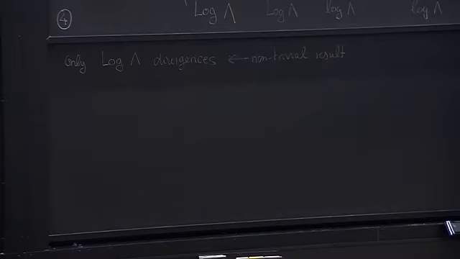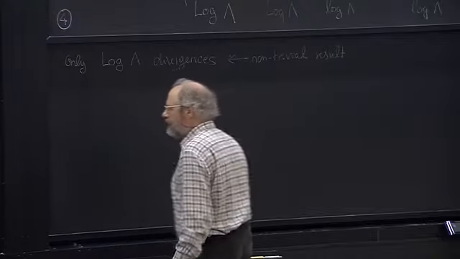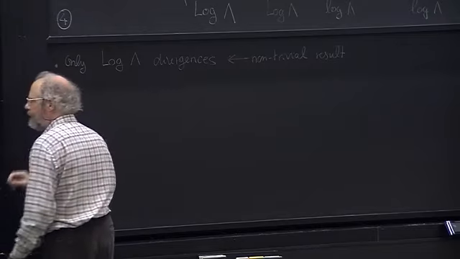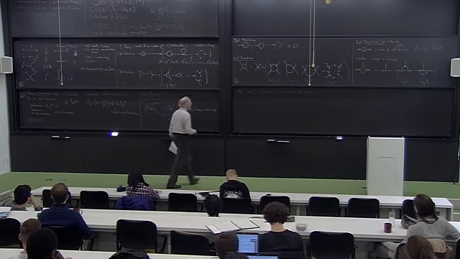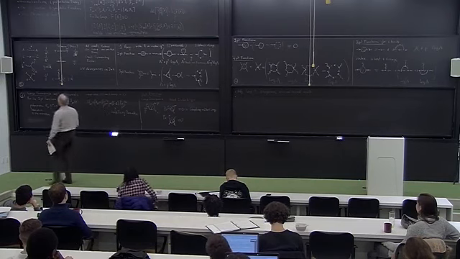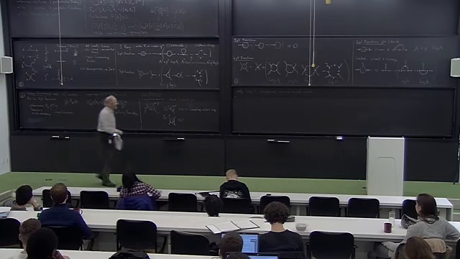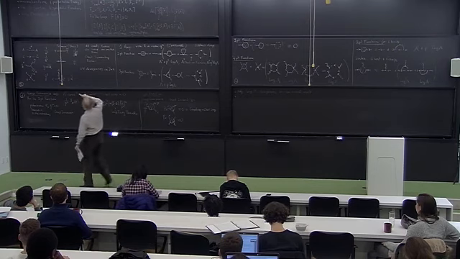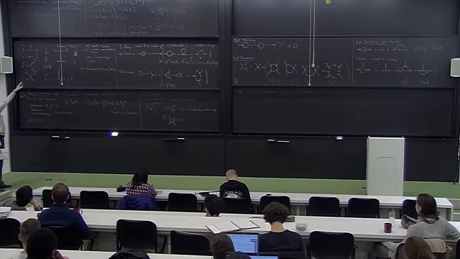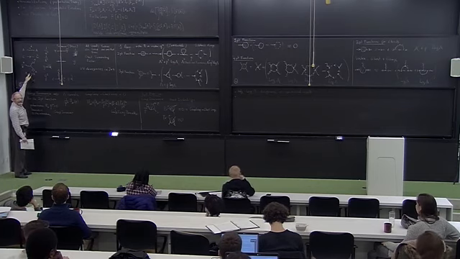But, okay. So we have only log lambda divergences, but now we have to check that those divergences are proportional to terms of the same form in the Lagrangian. And you see, in the original action that is written here, if you expand F mu nu and the gauge fixing term, you cannot choose independently the coefficient of the 3-vertex and of the 4-vertex.